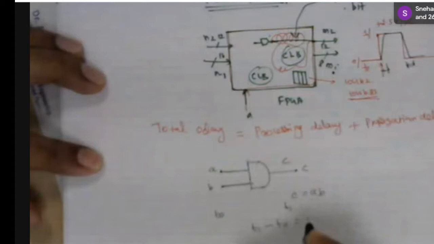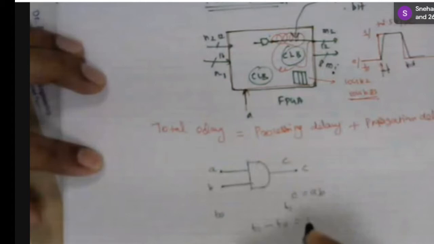One AND gate requires some time, an OR gate requires some time, a NOT gate requires some time. When you connect so many gates, then all together it requires some time. Each and every application requires some time for its internal processing. You understand now? That is what we call the processing delay.